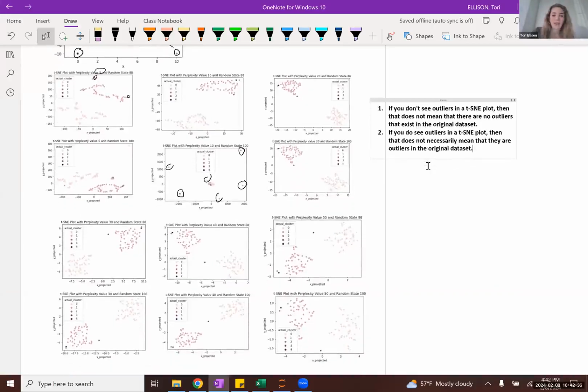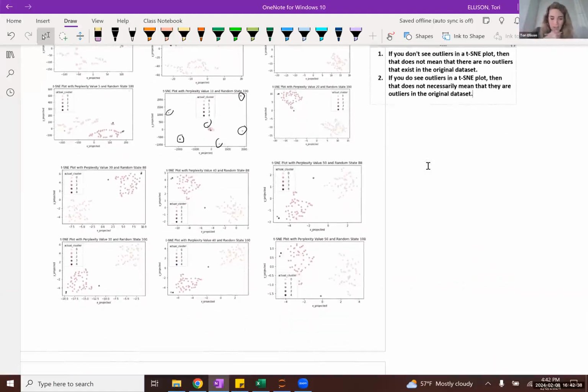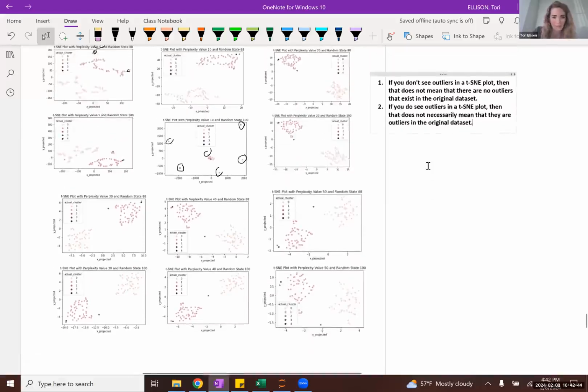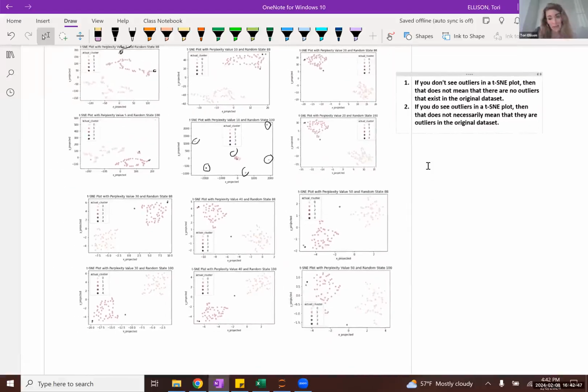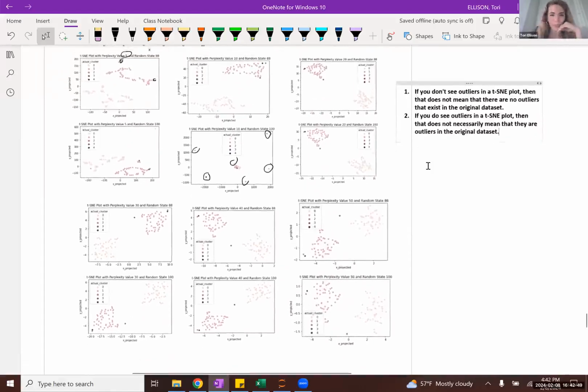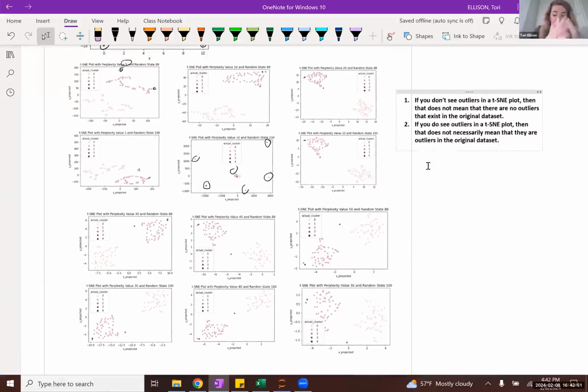Okay. So again, this is going through the exercise of what our rule of thumb interpretation might end up telling us about a data set. Based on our rule of thumb and the aggregate of all of the t-SNE plots that we're seeing here, the interpretation might say something like: one, this data set is clusterable.